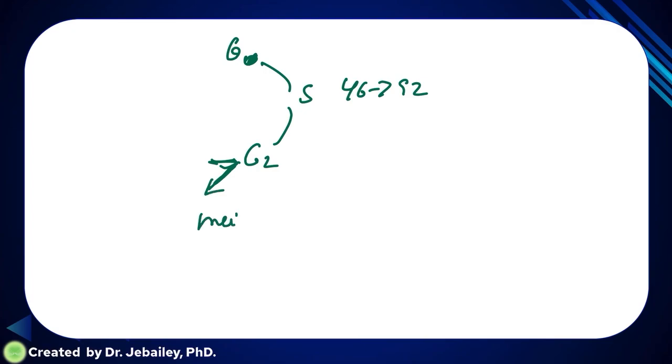So just to keep up with the rest of this, remember how the cell cycle had G1 going to S to G2, and then it had an option. So here in S, it goes from 46 to make a copy of 92. When it gets to G1, it has two options. It can go to meiosis or it can go to mitosis. The only difference is mitosis is any part of the body.